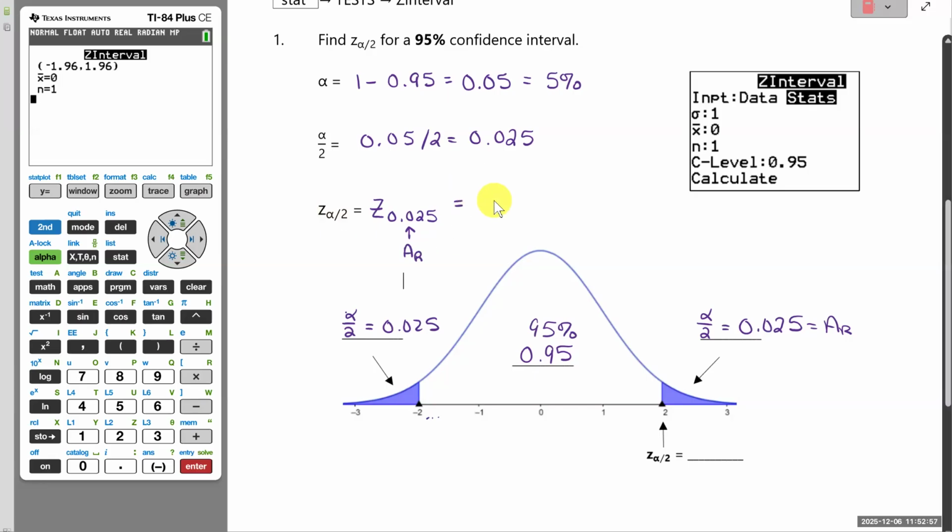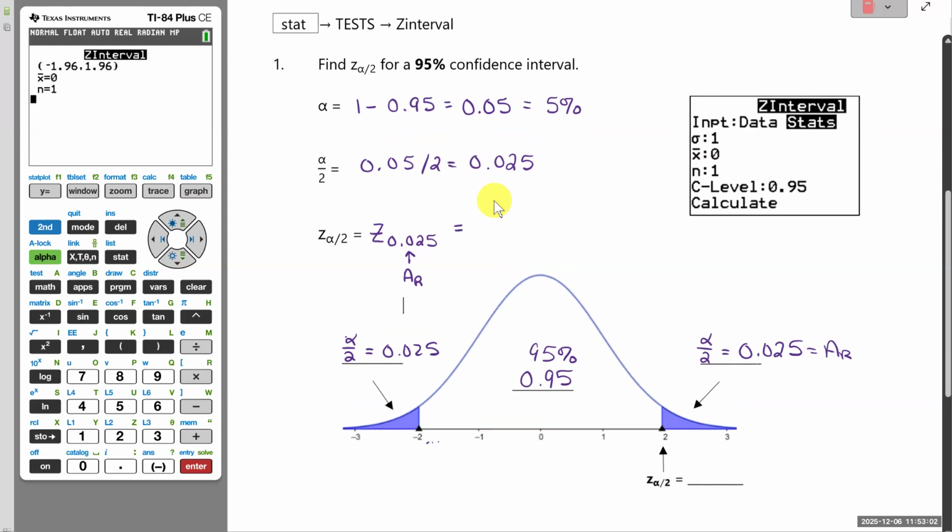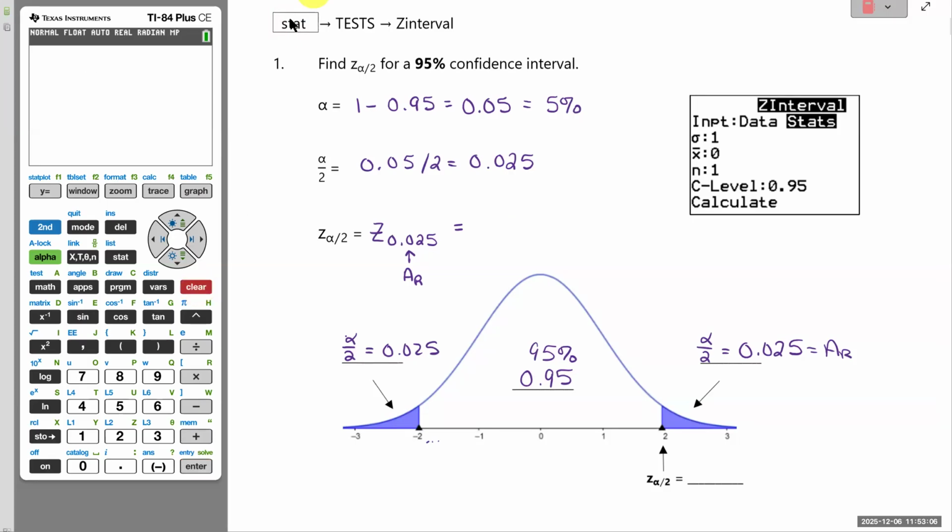All right, so let's find that z-score using our calculator. What we're going to do is hit your stat button. So I'm going to clear my screen, hit that stat button, and then arrow over to tests, and then look for ZInterval and hit enter. On this screen, what you want is input on stats.